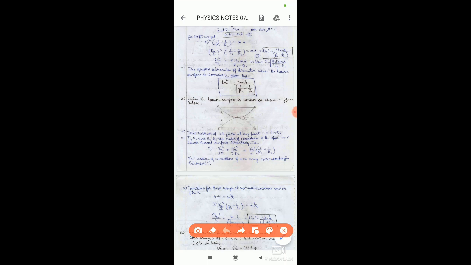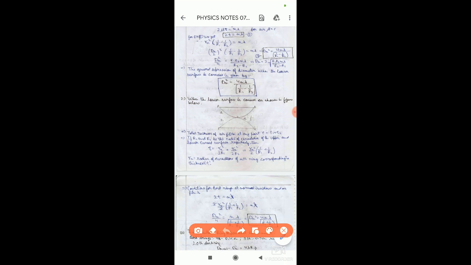If R1 and R2 are the radii of curvature of the upper and lower curved surfaces respectively, then the thickness T equal to Rn square upon 2R1 plus Rn square upon 2R2, equal to Rn square by 2 into (1 upon R1 plus 1 upon R2), where Rn is the radius of the nth ring corresponding to the thickness T.